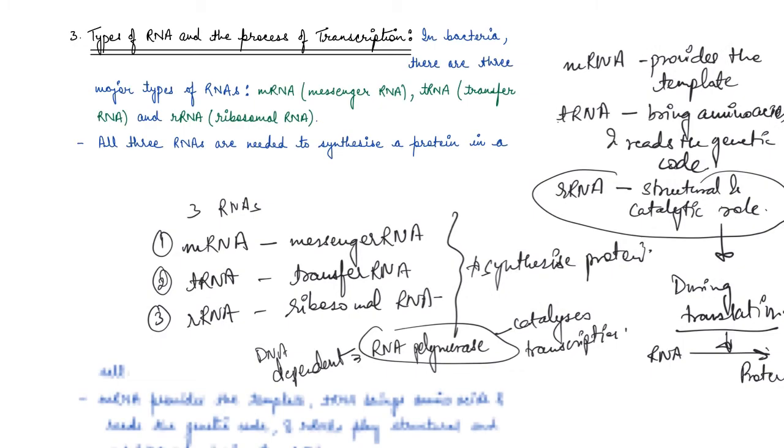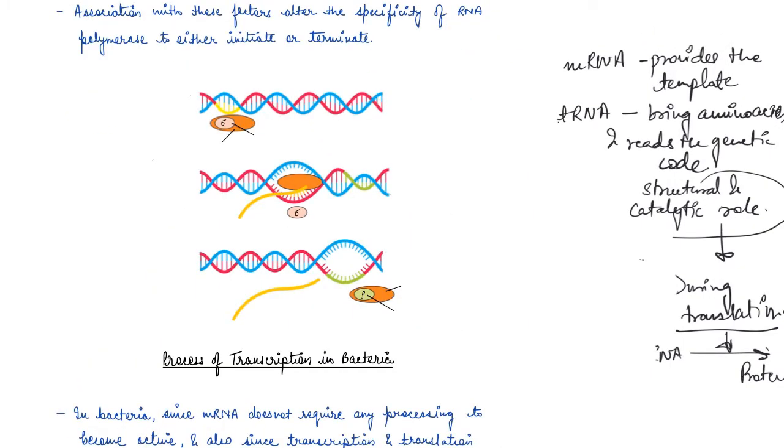So let's do something. First, what we said is that we have RNA polymerase. Say this is the DNA helix. Now you have the 3' to 5' strand and the 5' to 3' strand, right? Here you have RNA polymerase, and this is known as the sigma factor.